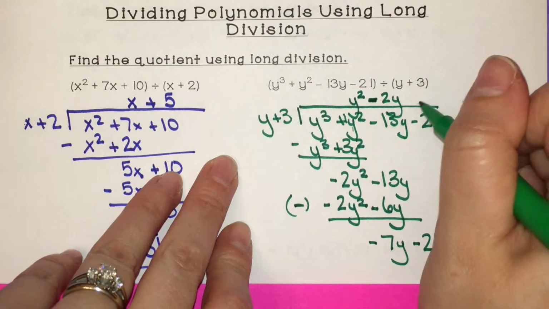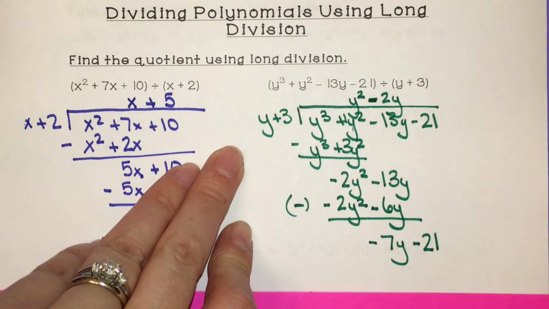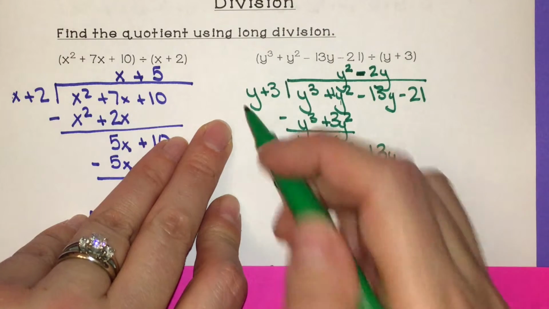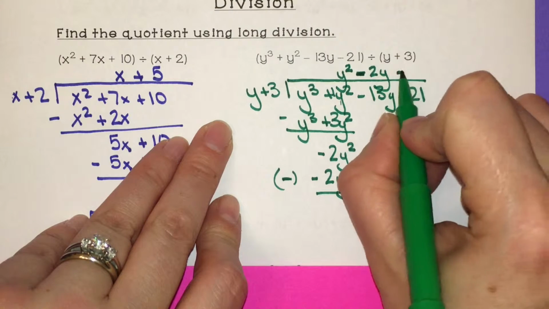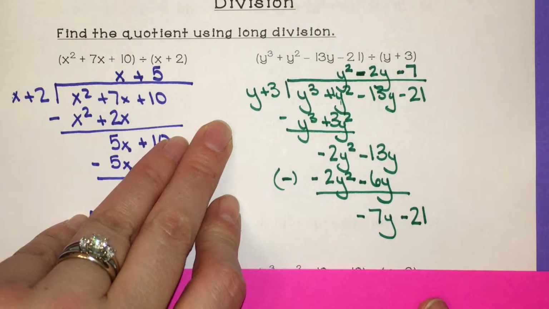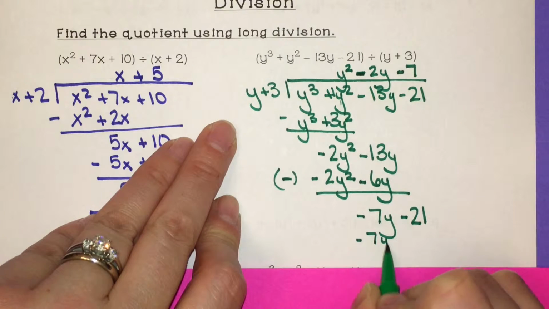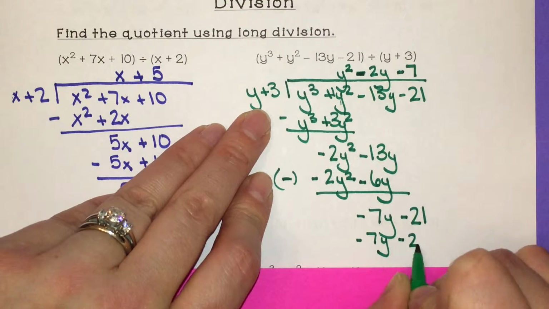So what I put above this one is, well, what do I multiply y by to get negative 7y? Well, negative 7. Okay, so negative 7 times y is negative 7y. Negative 7 times positive 3 is negative 21.